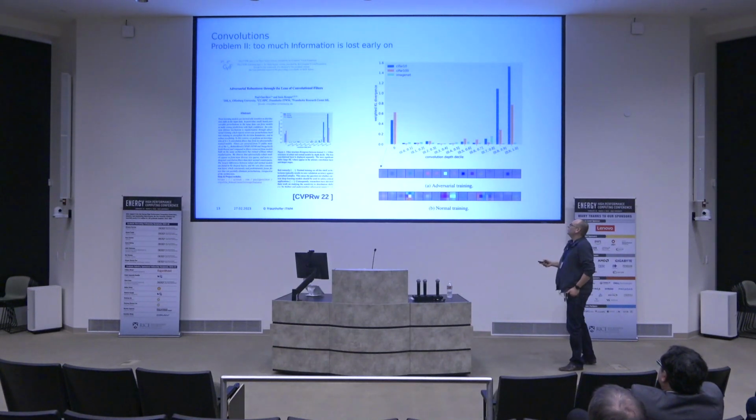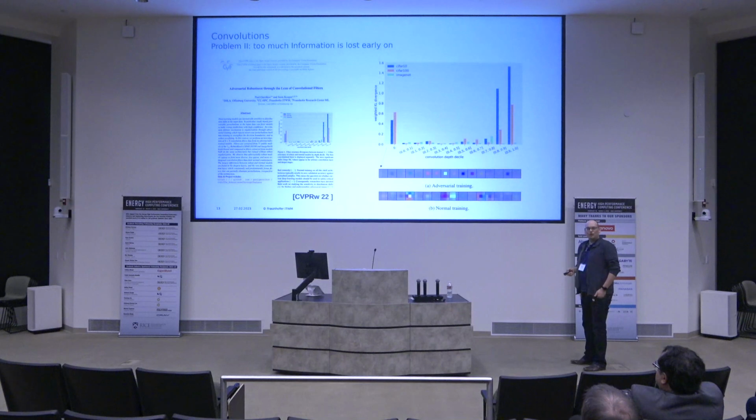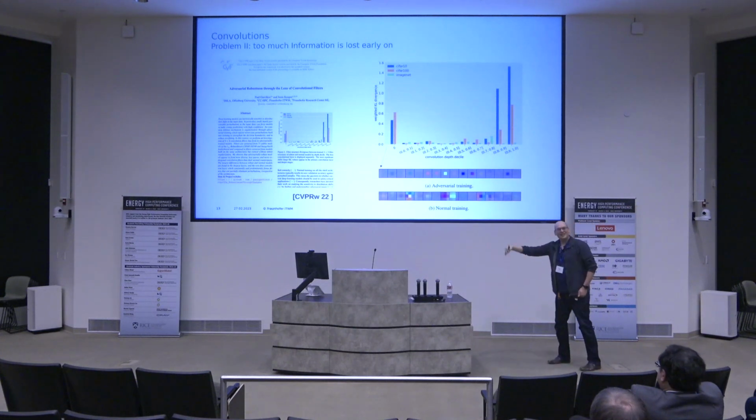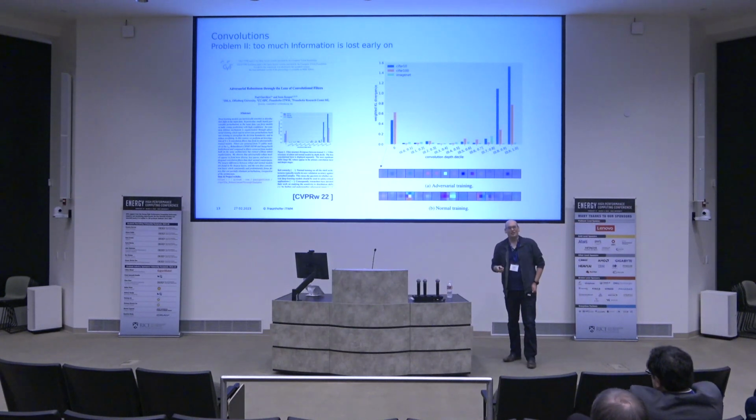What we did here is look at the difference between robust models and non-robust models. And it's actually in the very beginning and in the end of the networks. That's typically because here a lot of information is lost, and here there's simply not enough training data to train all of these filters.